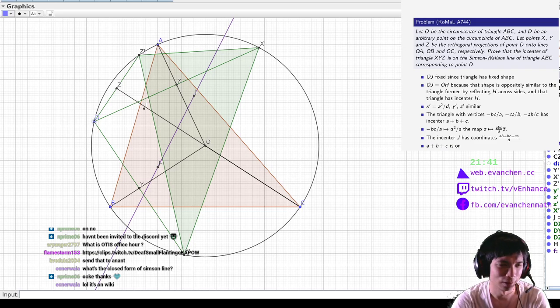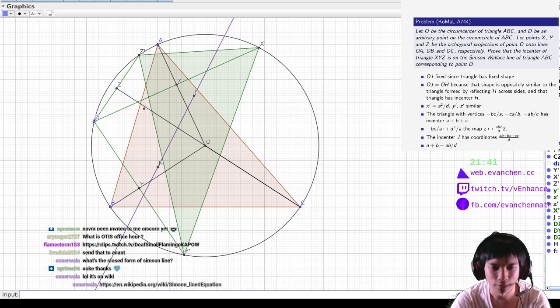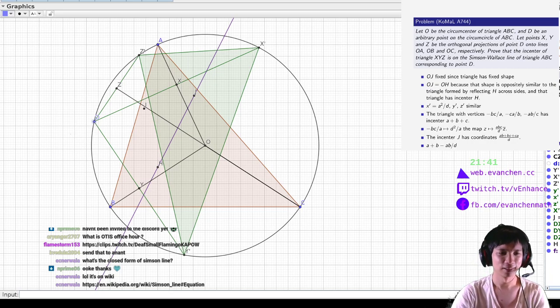Whatever, we'll just do the reflection, it's okay. A plus b minus ab over d. Okay, so I want this collinear with like this, and it's on the wiki. Oh, jeez.